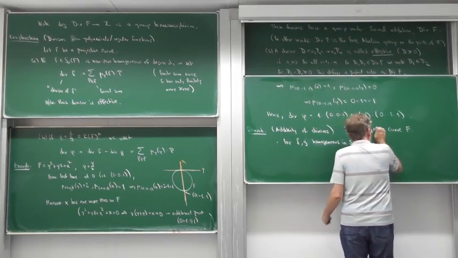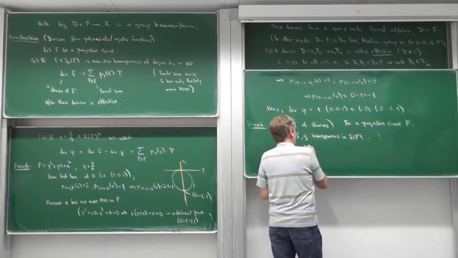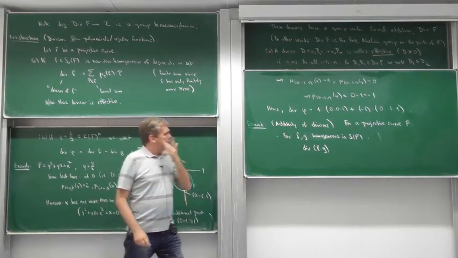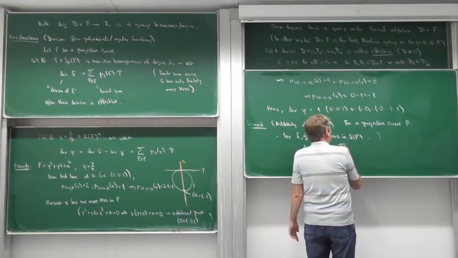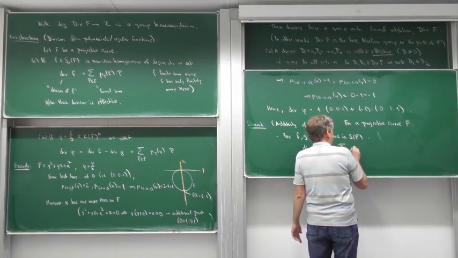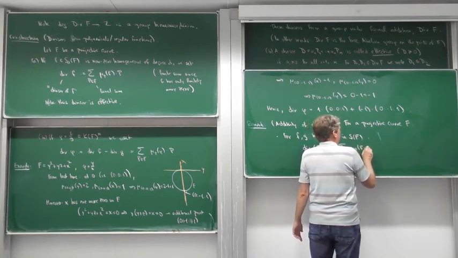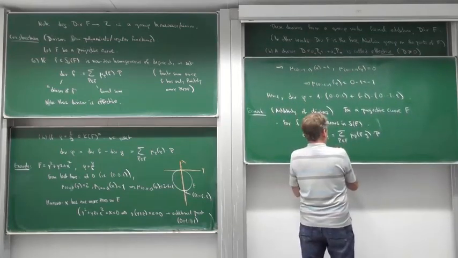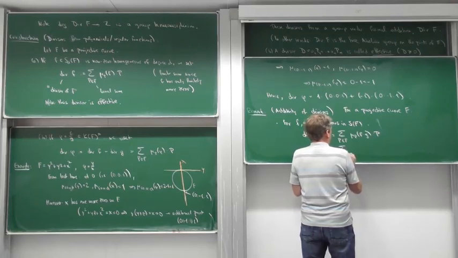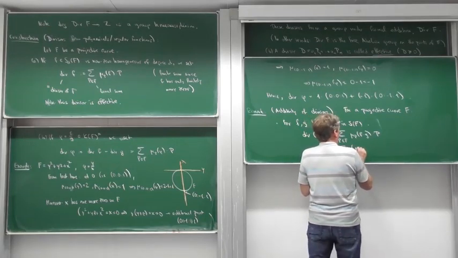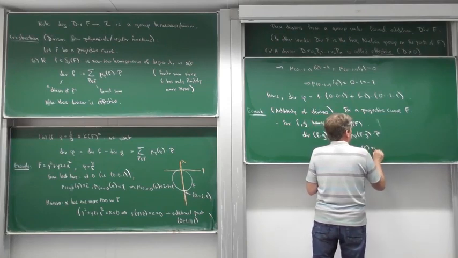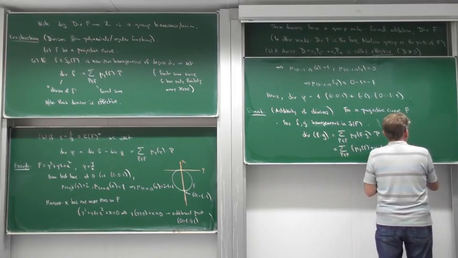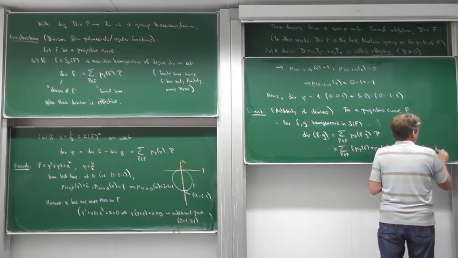We get that the divisor of f times g, so of the product of the two functions, would be, well, by definition, we sum over all the points p in F, and then we take the multiplicity of f times g times the point. But the multiplicity is additive, and hence we can write this as a sum over p in F of mu p of f plus mu p of g times p, and that's of course the divisor of f plus the divisor of g.